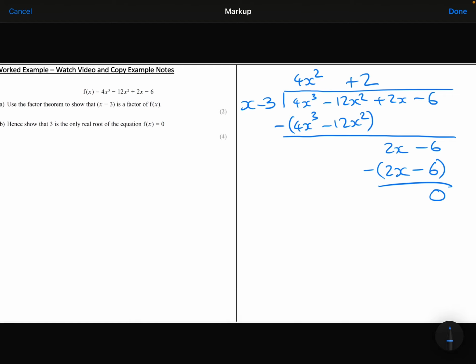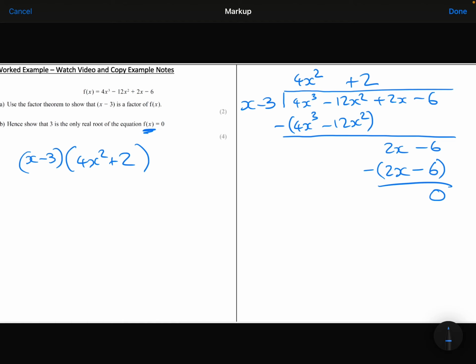But the key thing is that allows us to rewrite f of x as being x minus 3 multiplied by 4x squared plus 2. So now f of x has been factorised into a linear x minus 3 and a quadratic 4x squared plus 2.